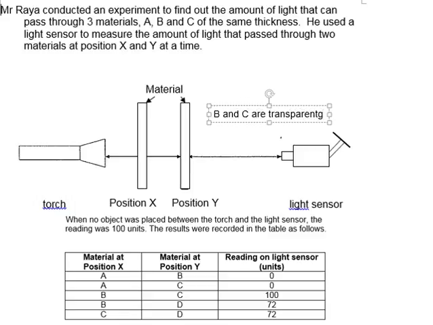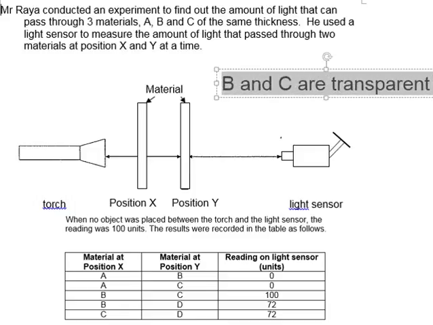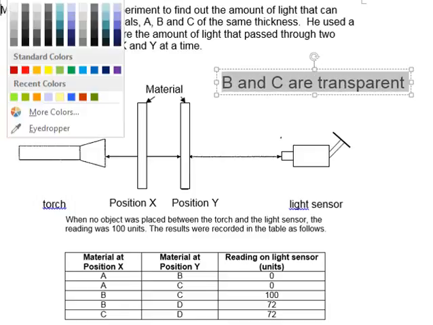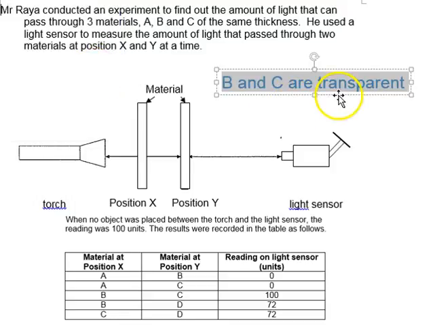And how do I know? Because when both of them are placed at position X and Y, they allow all the light to pass through, and that's only possible if it is transparent. So B and C are transparent.